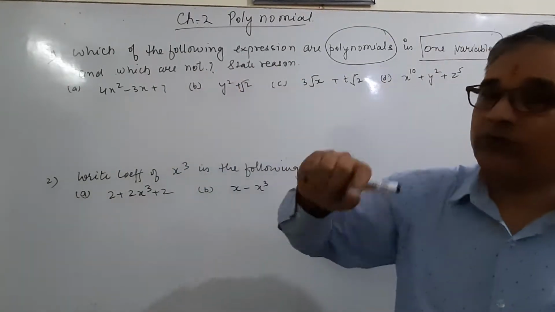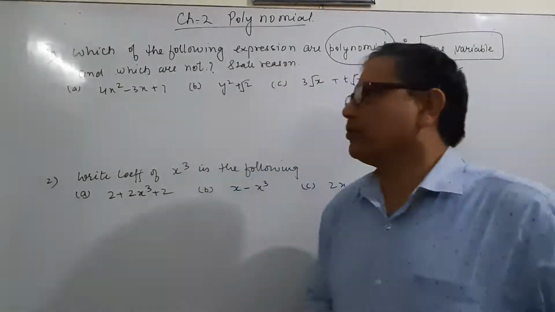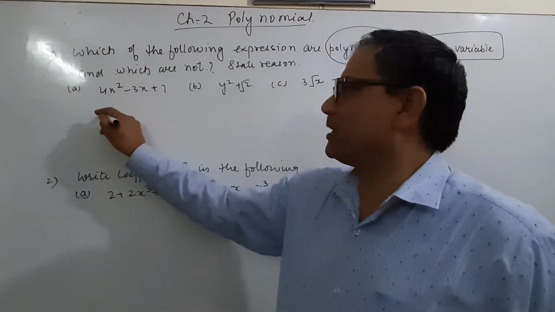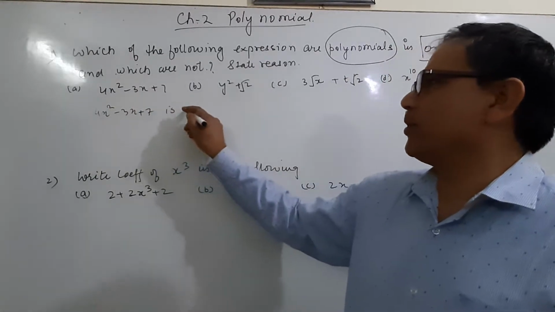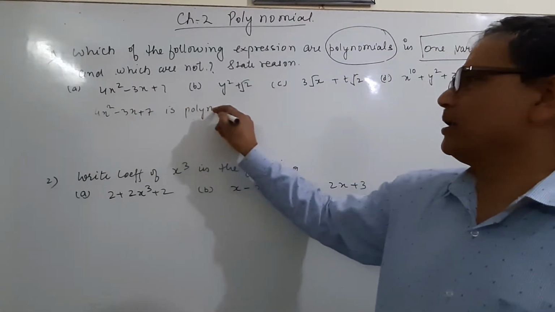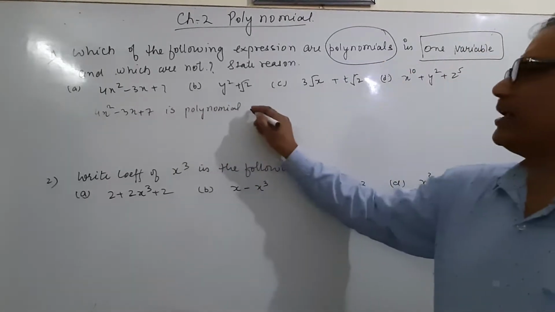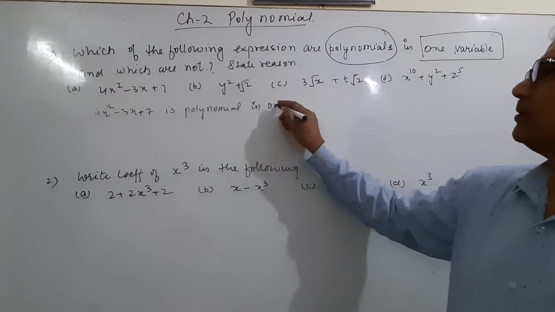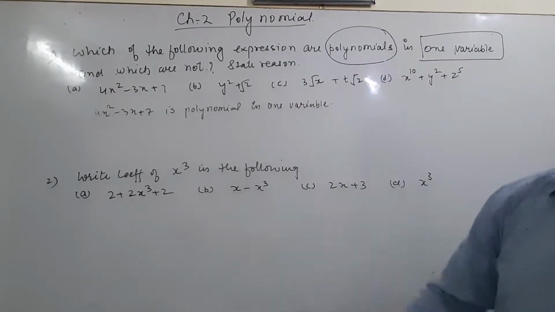Is it a polynomial with one variable? Yes, the only variable is x. Therefore, what will we say? Yes, 4x square minus 3x plus 7 is a polynomial in one variable. Reason?